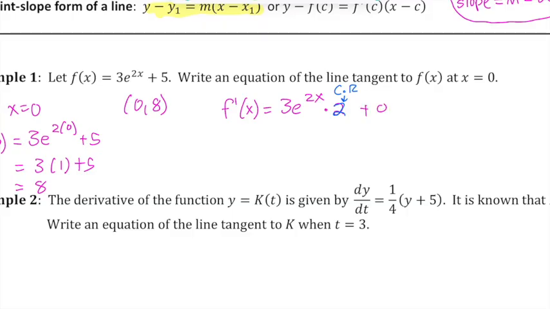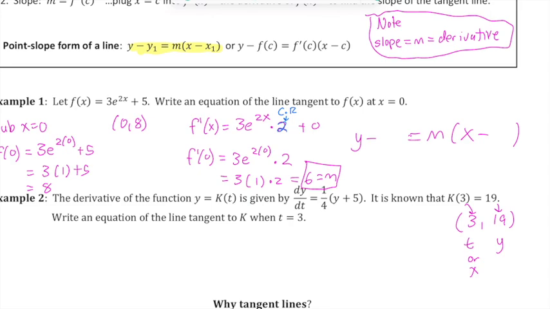Now that we have our derivative, we substitute 0 into it. e to the 0 is 1, times 3, times 2, and that equals 6. So that is the slope of our tangent line.